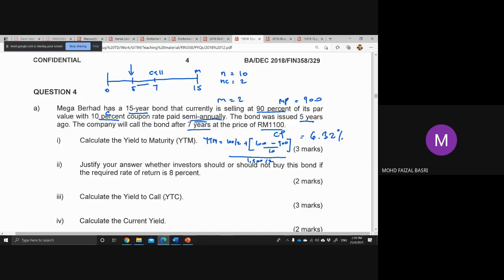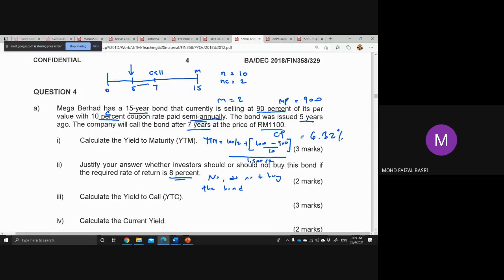So this is the yield or the returns if you wait until maturity. And if your required rate of return is 8%, would you buy or not? Imagine if you invest, you get 6%, but your requirement is 8%. So would you buy? So the answer, no. Do not buy the bond.